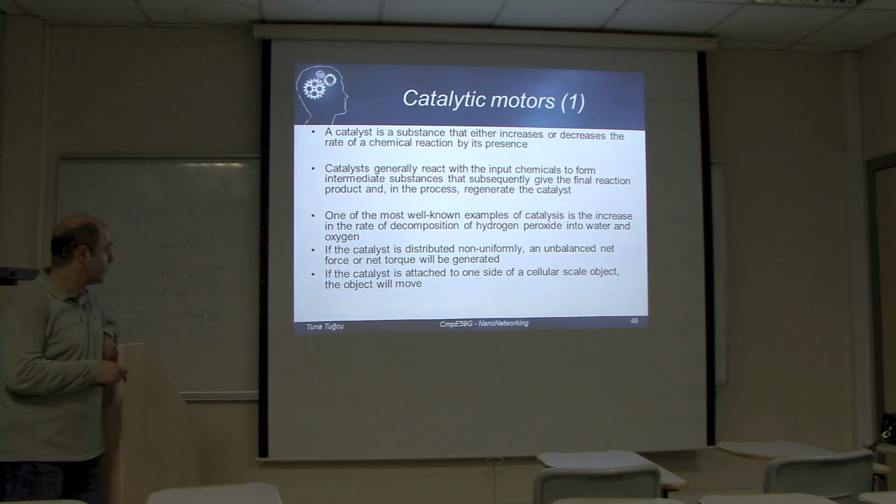So if the catalyst is attached to one side of a cellular scale object, for example, it may increase the rate of motion on that side, so that the object will move. You can also direct it by increasing the rate of reaction on one side and decreasing the rate of reaction on another side. You can rotate, change the direction of the cellular object also.